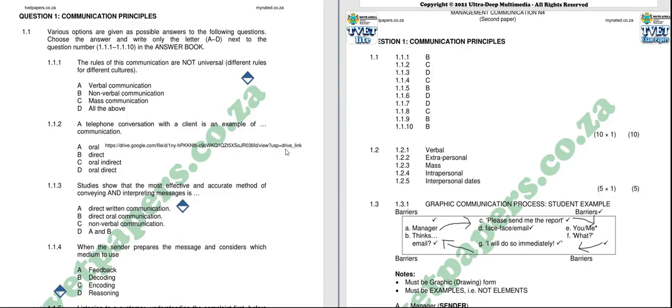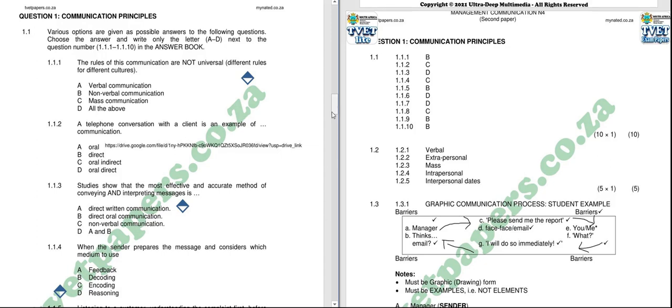On number 3, we've got D, which is A and B, which means direct written communication and direct oral communication, both are correct. Then number 4: when the sender prepares the message and considers which medium to use, this is encoding, which we have on C.